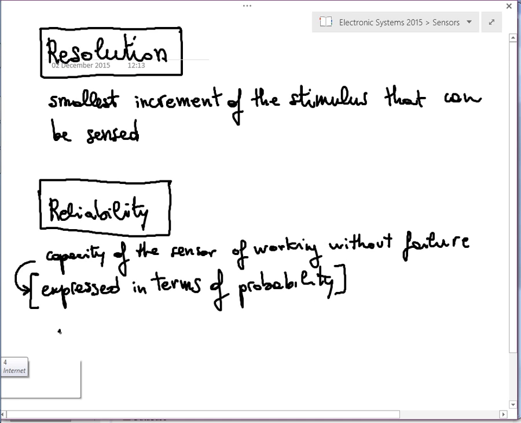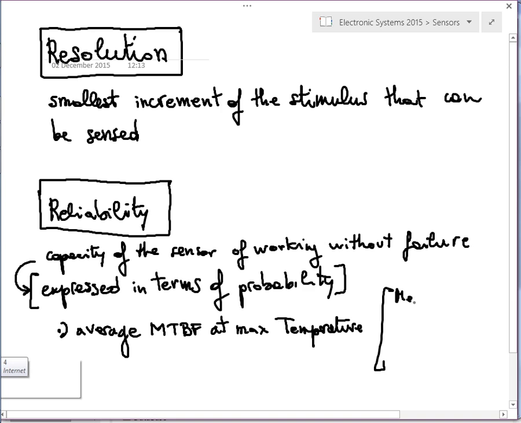So let me just give you a few examples. One can say, okay, one quantity is the MTBF, which is the mean time between failures, before failure. One can express it in terms of the average MTBF at max temperature, for example.